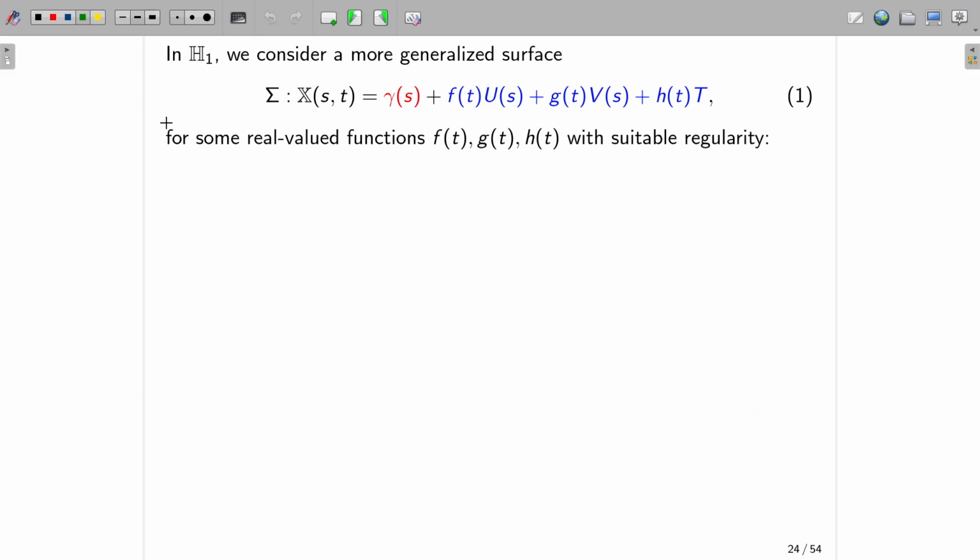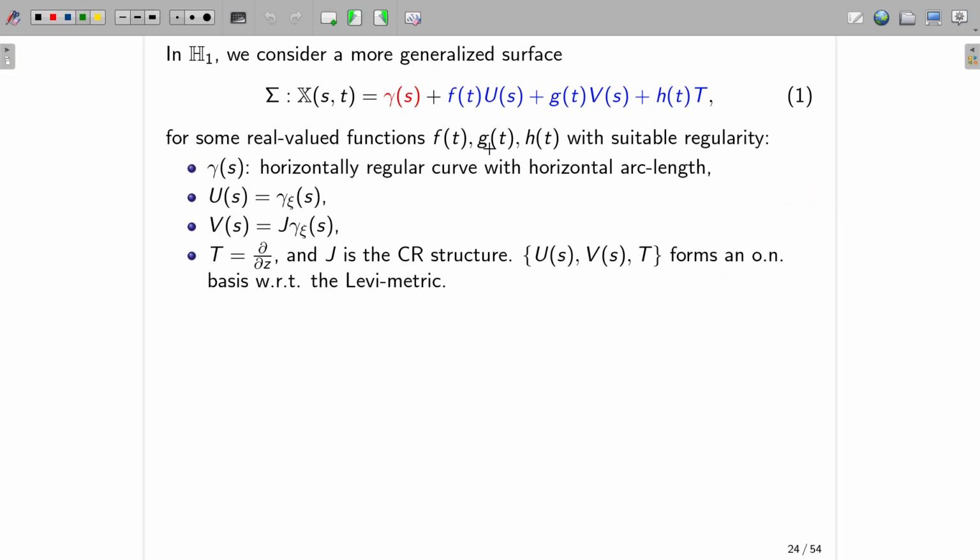Okay, so in H^1 now, come back to the Pappas-Gooding theory. In H^1, we consider a more generalized surface like this. We write the curve gamma(s), and at each point we have u, v, and t. What are u, v, and t? U is actually the horizontal tangent.